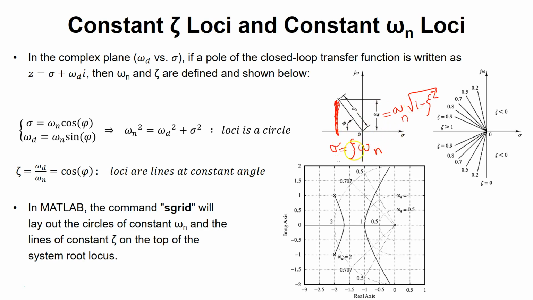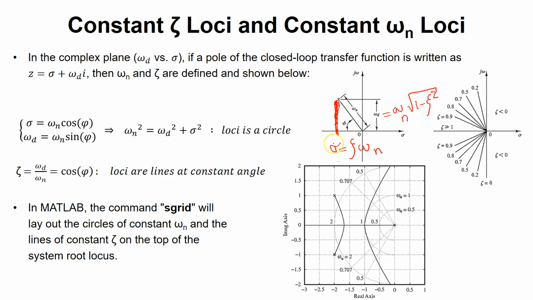This one becomes omega n squared zeta squared. This one becomes omega n squared times 1 minus zeta squared. And when I add them together, I simply would get what? Yes, omega n squared. And when I take the square root of that, then this hypotenuse, of course, is omega n. So omega n is the distance from the pole to the origin.